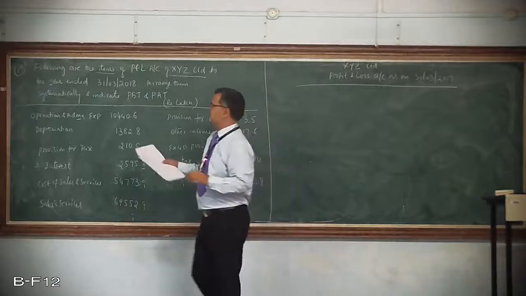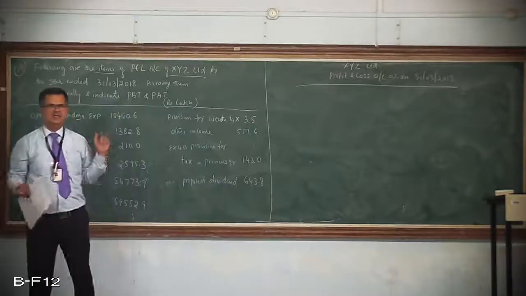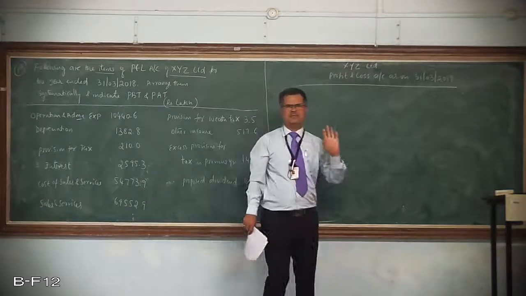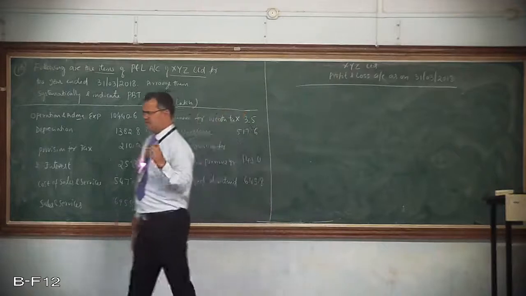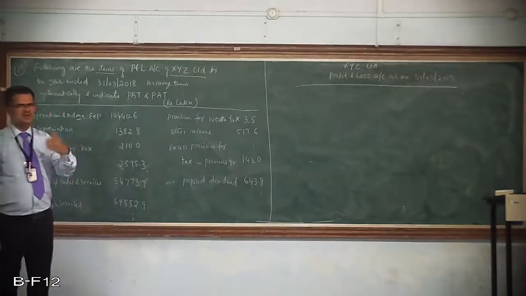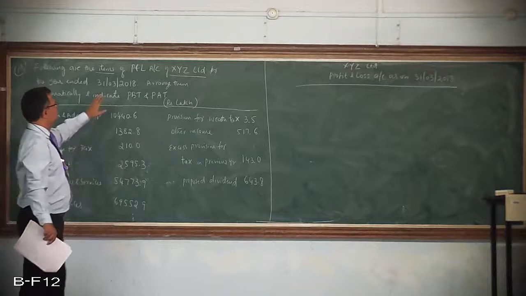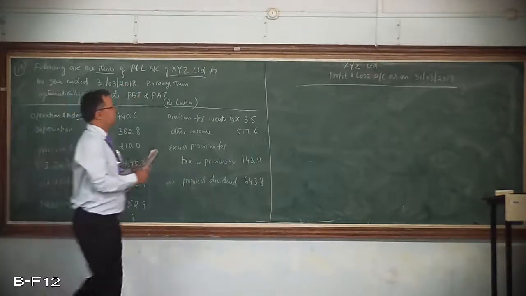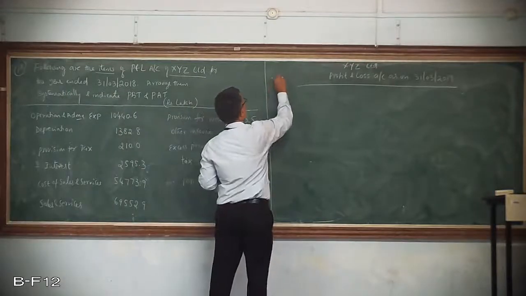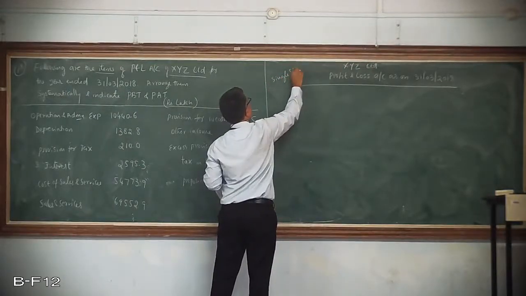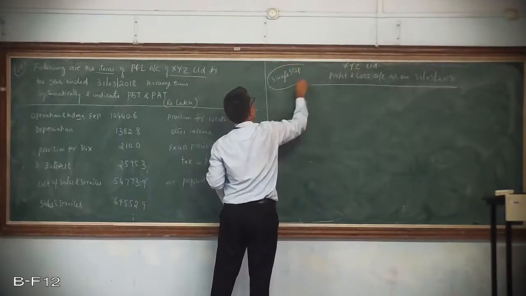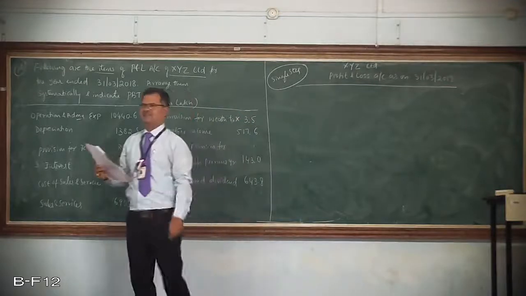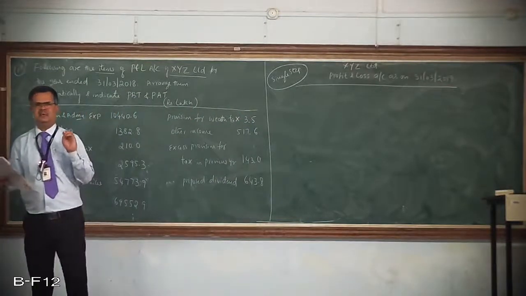This can be done using either single step or multi-step. I am going to prepare P&L account using the single step first. In single step, you prepare only the revenues and expenses, directly calculating the net profit.